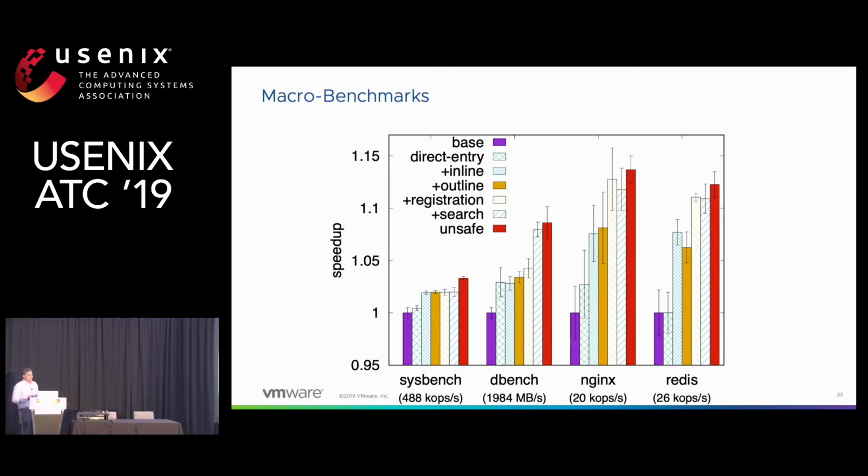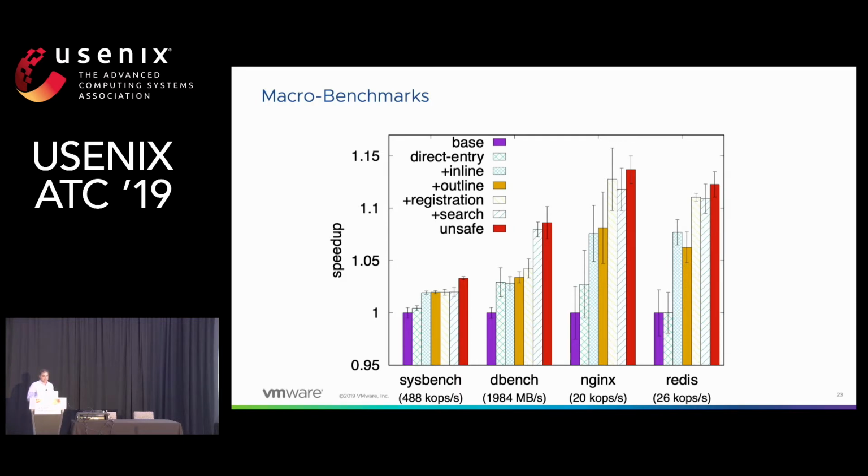We implemented all of that on the Linux kernel, and we see here multiple benchmarks that we executed. Sysbench and dbench are file system benchmarks. Nginx and Redis are network benchmarks. The y-axis shows the speedup, and this is a lot to grasp, so I will go to more concrete points.